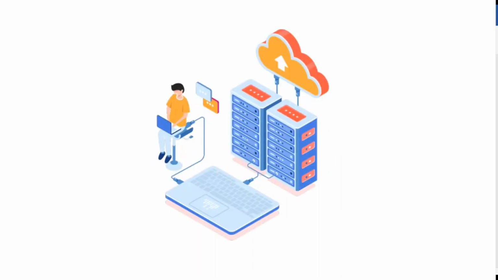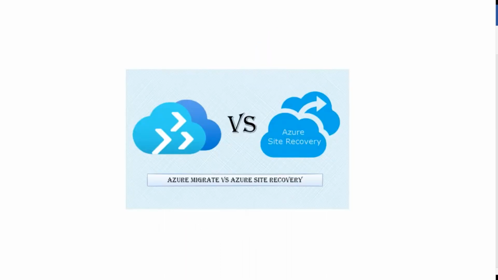One more important thing is that this technology provides an orchestrated model for replication, so operational cost is also very minimal. In this regard, Azure offers two major tools for this purpose. The first one is Azure Migrate, while at number two we have Azure Site Recovery, which is known as ASR. In coming episodes, we will get detailed concepts about these two major tools on the platform of Microsoft Azure. So let's move on to the next episode.